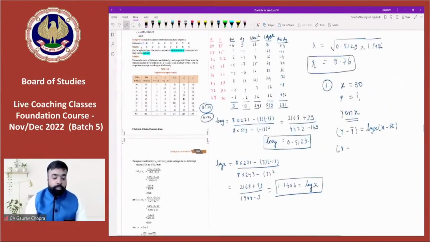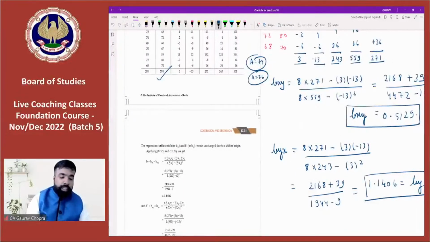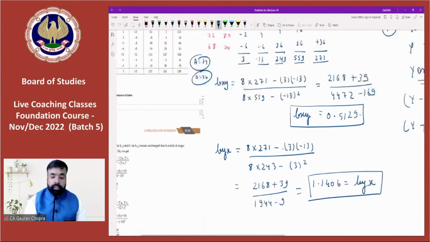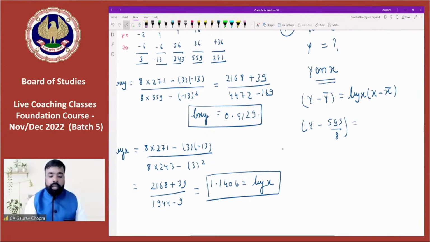So the total of y is 595 divided by the number of values, that is 8. So we can write 595 upon 8 equal to byx, so it is 1.1406 x minus x bar.